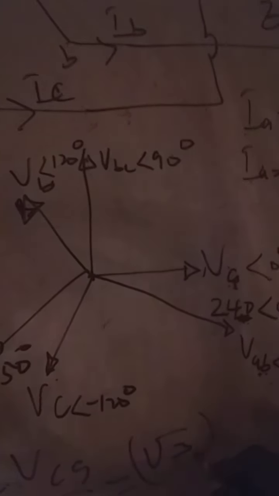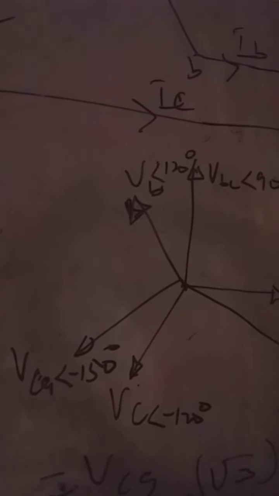That is √3 times 240 at angle minus 150 degrees divided by the impedance ZCA, which is 26 at angle 54 degrees. And what does that give you? Our ICA will give you 15.988 at angle 156 degrees.